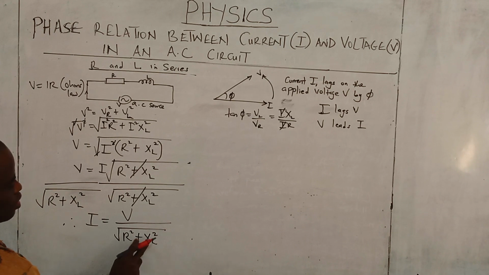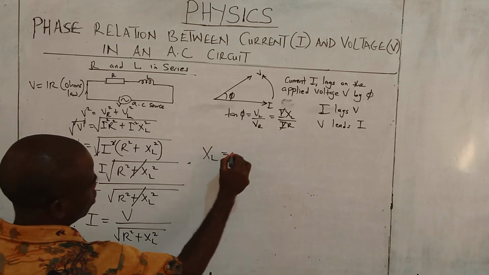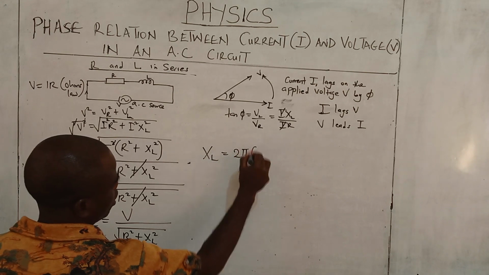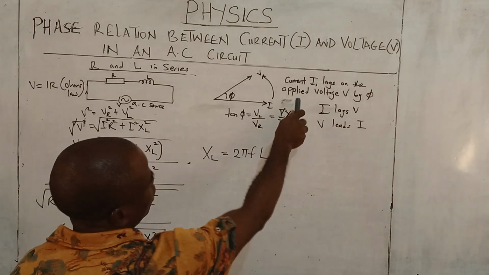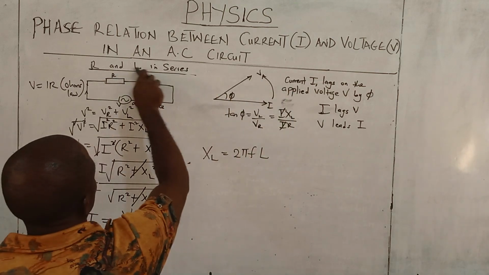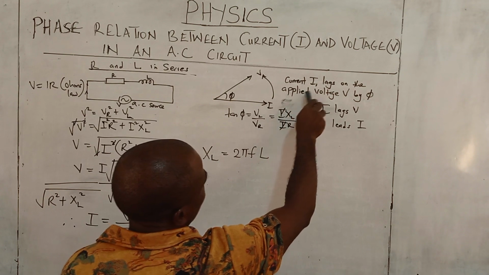Don't forget there's an expression for XL: XL equals 2 pi F L.